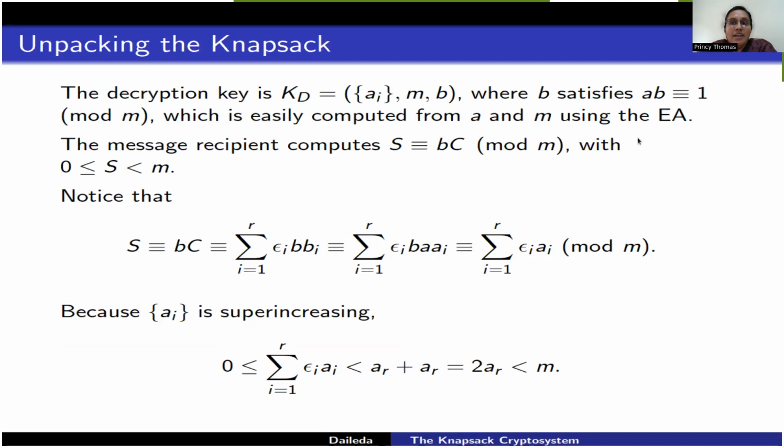But we know that ab is equal to 1 because they are inverses. So ab and ba are inverses, so that will be cancelled.